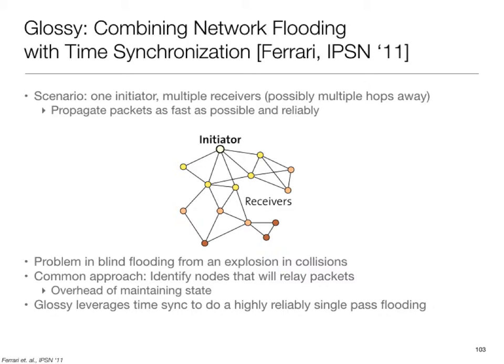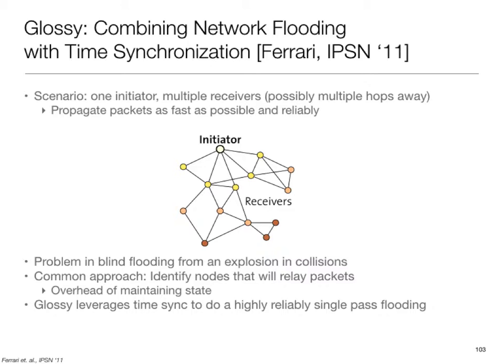What the scheme Glossy, out of a group in Italy, does is try to do single pass flooding by leveraging very precise time synchronization, but the synchronization is a side effect of their flooding. Essentially, in their system, every so often on a periodic basis, the system enters a flooding phase, during which all the broadcast traffic which has piled up at the root node is flooded into the network.